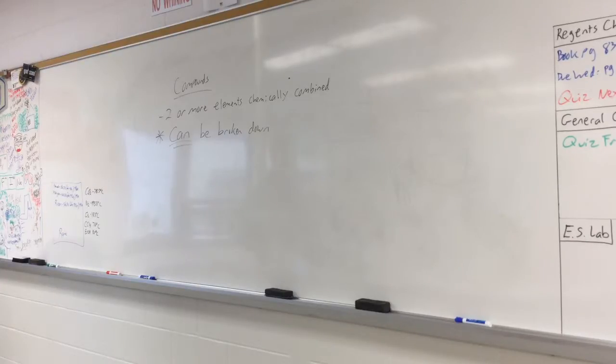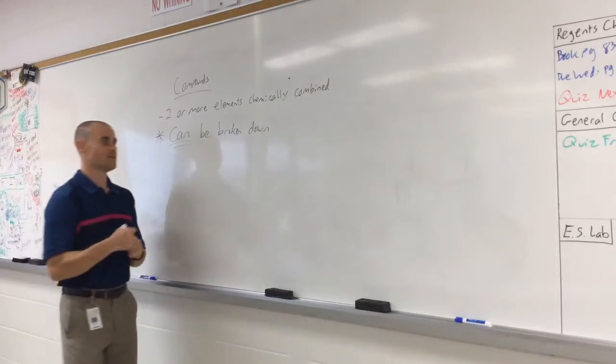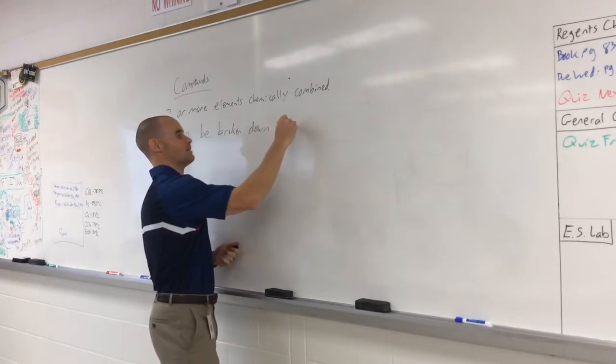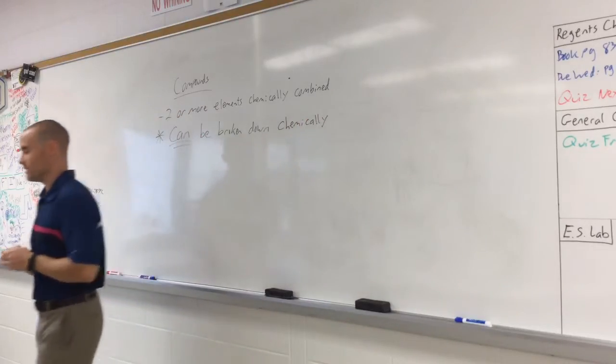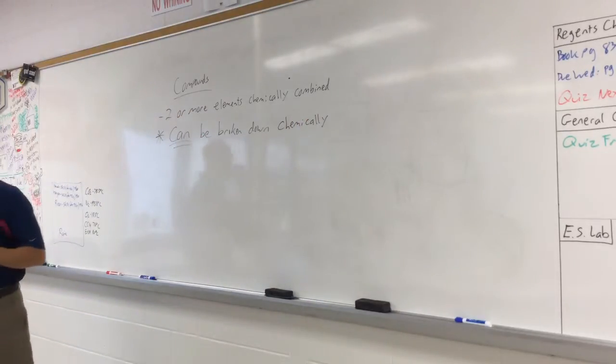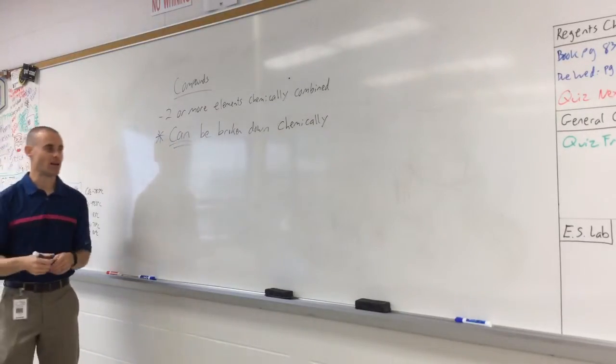You bring it up almost every day. Electrolysis. Yeah, electrolysis. You can break compounds down chemically. And electrolysis is a good example of that. It's good though, because I think the fact we talk about it a lot, everyone will remember that. What is electrolysis? Breaking a compound down.